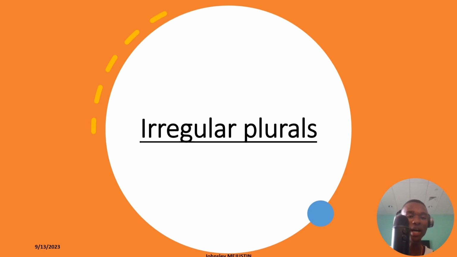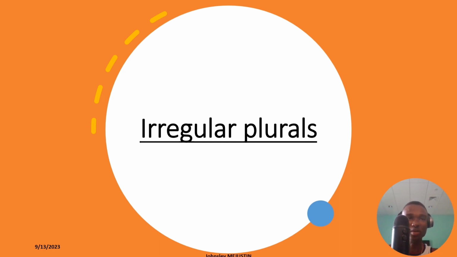Now we will look at some irregular plurals. When I say irregular plurals, these are some nouns which you need to memorize. You need to retain them, memorize them, catch them, because they do not follow the rule, all the S rules.